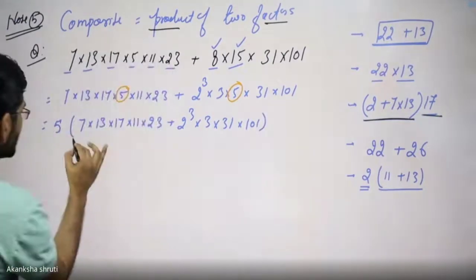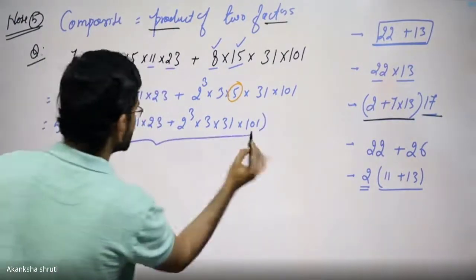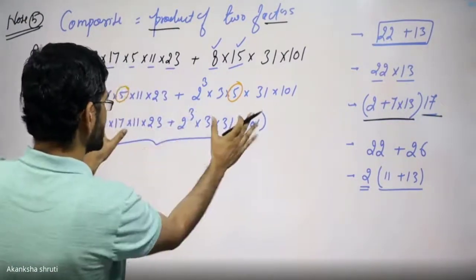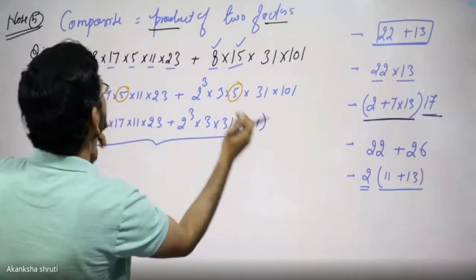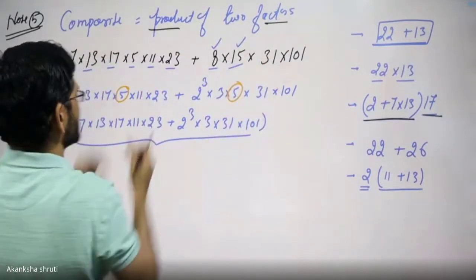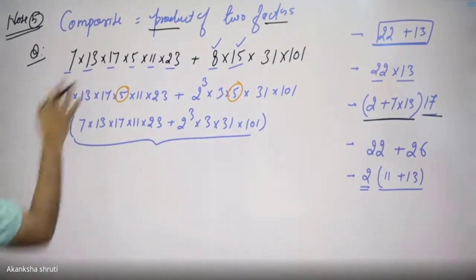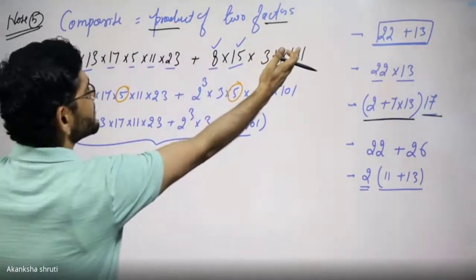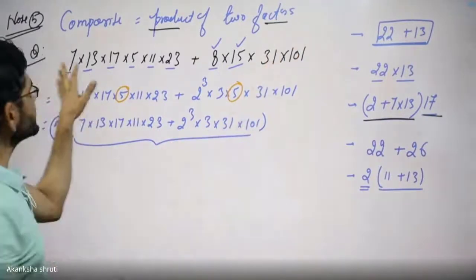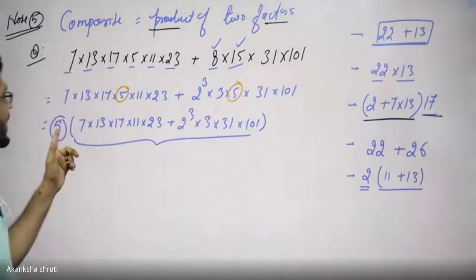Students, here you can simplify this. These are two terms, but entirely they form one factor of this bigger number, and 5 is the other factor. It means that even on simplification, you are able to divide this number by 5.